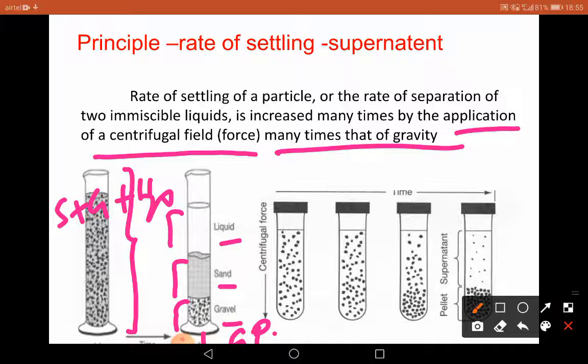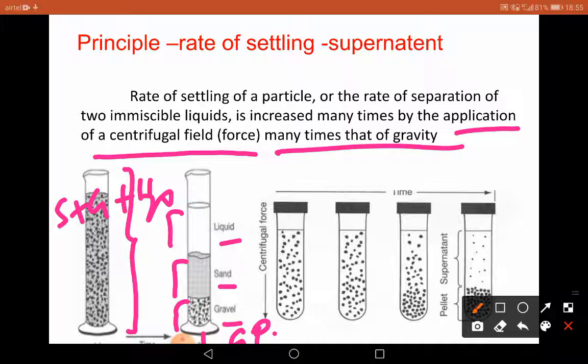In centrifugation, we have only slight differences in densities. When I compare mitochondria with the chloroplast, there is not much difference. There is not much difference between the density of these two compounds, and the density is too low.